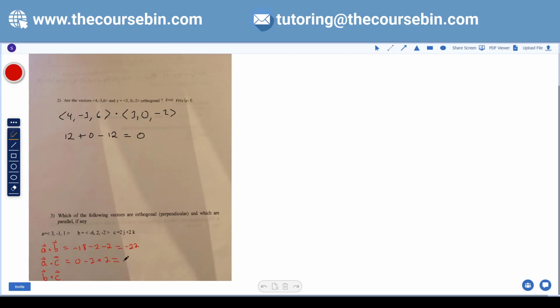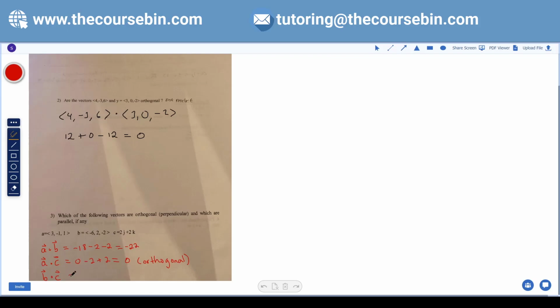So A dot C gives 0, so A and C must be orthogonal to each other. All right, now we need B dot C. For B dot C, it's also 0.